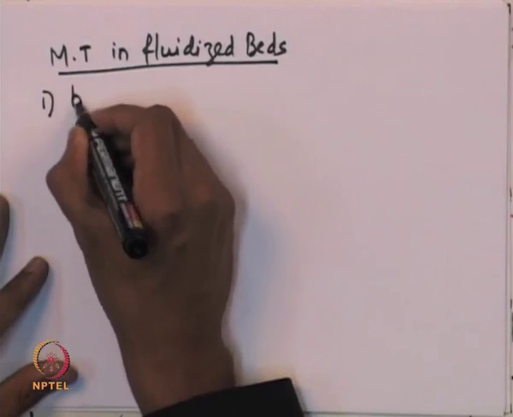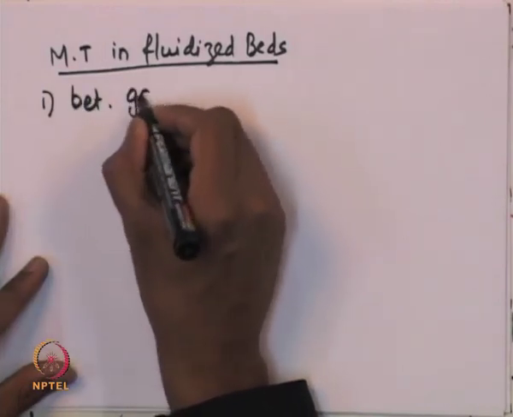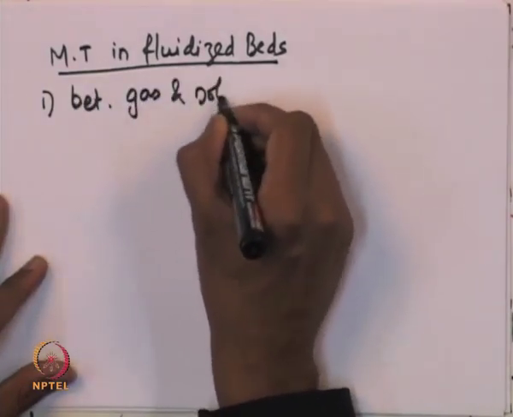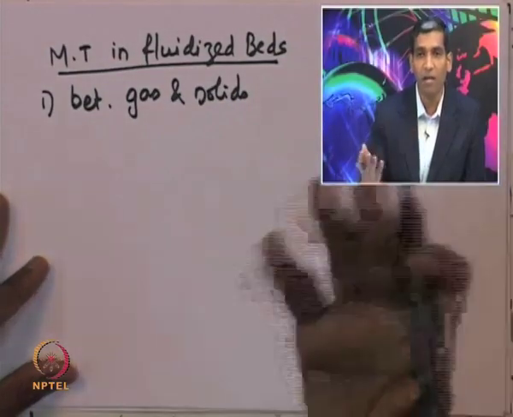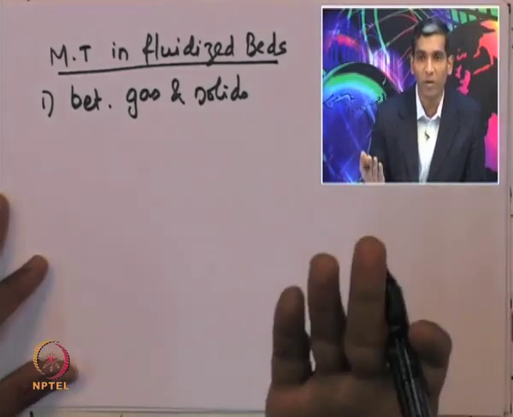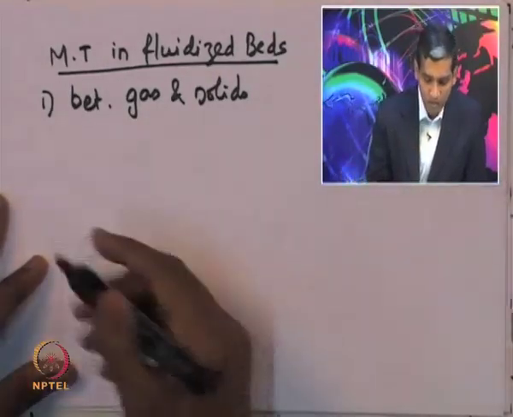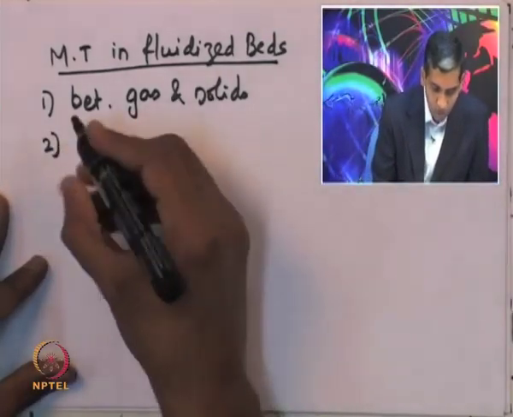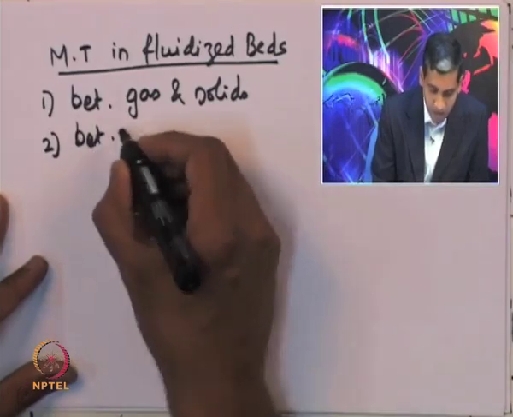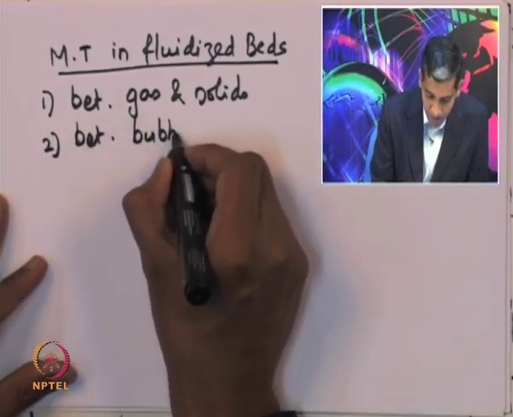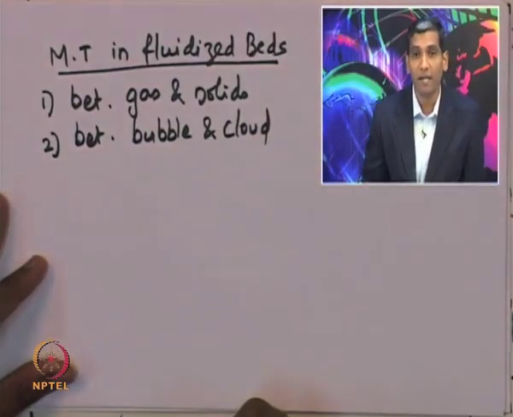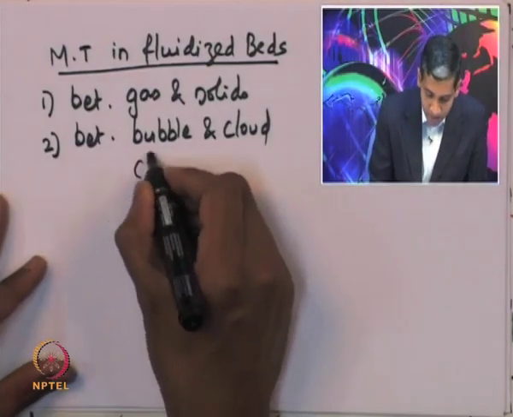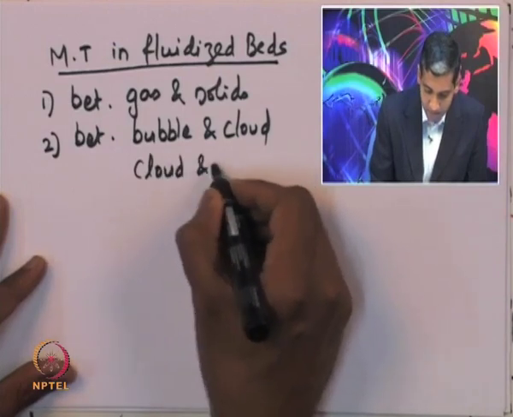One is mass transport between the gas and solids, very much like the gas-solid transport in gas-solid catalytic systems. The second type of transport is between the bubble and the cloud phase, and also between the cloud and the emulsion.